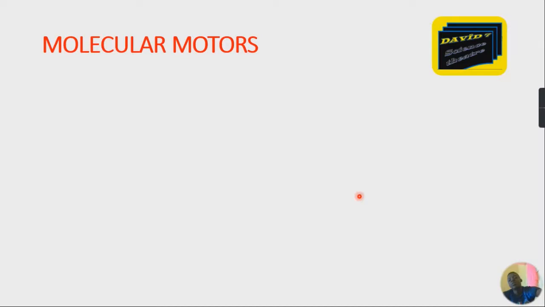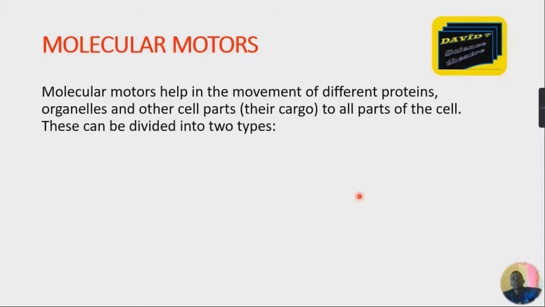Now, return to molecular motors. So we've seen the microfilaments are important in contraction of muscles and also absorption, because they increase the absorptive surface area. Molecular motors help in movement of different proteins, organelles, and other cell parts.